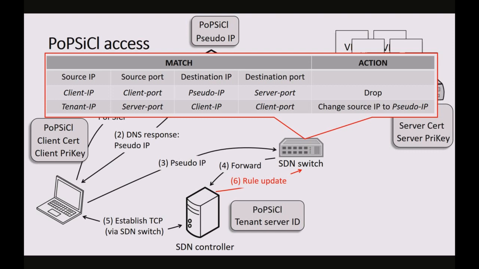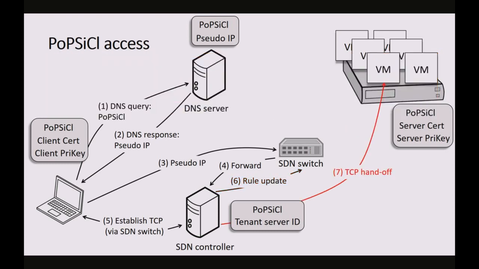Now, the reason that the inbound traffic from the client is blocked is to put a hold on inbound stuff, because what we're going to do now is the SDN controller actually migrates the TCP state to the real tenant server. So we're going to take the TCP state, move machines to the tenant server so it can pick up where the controller left off.